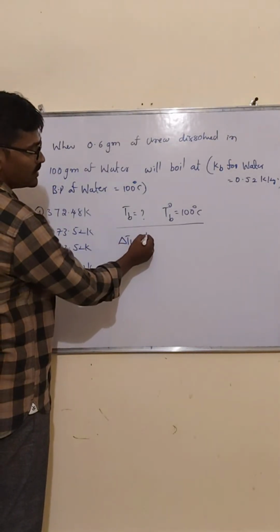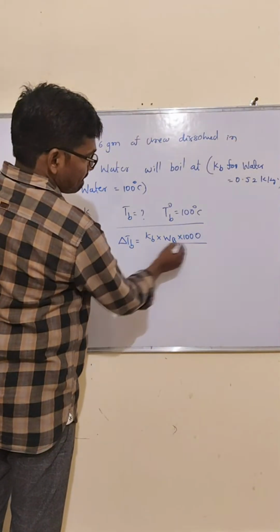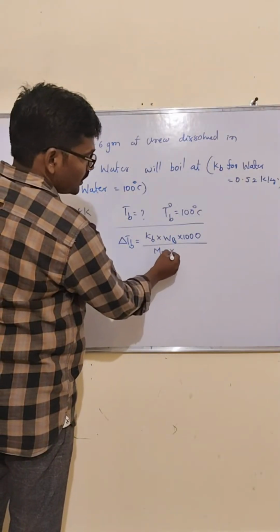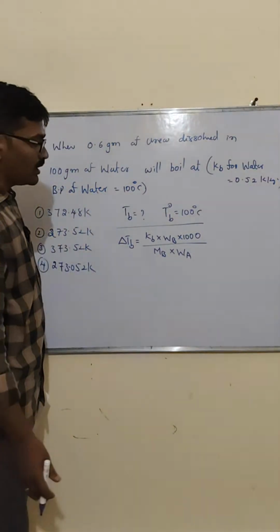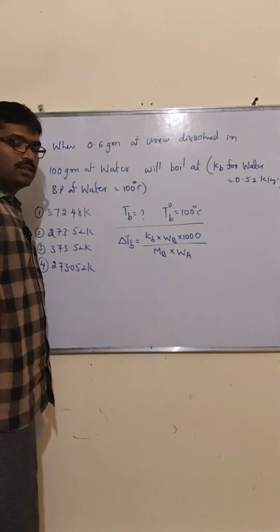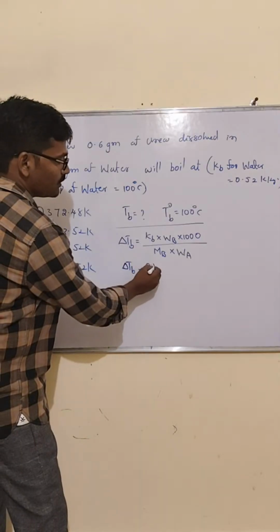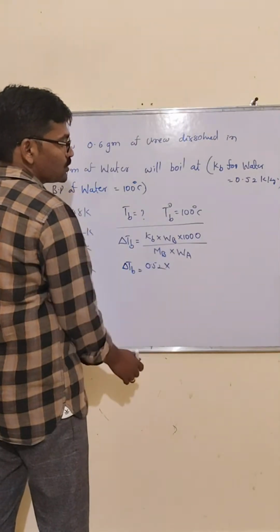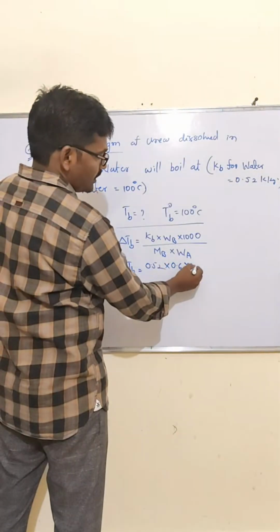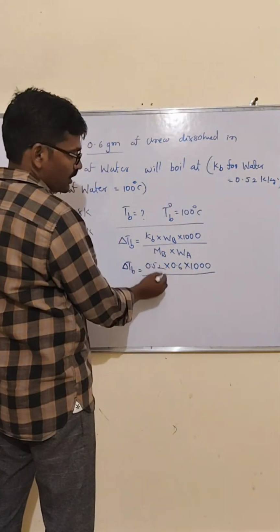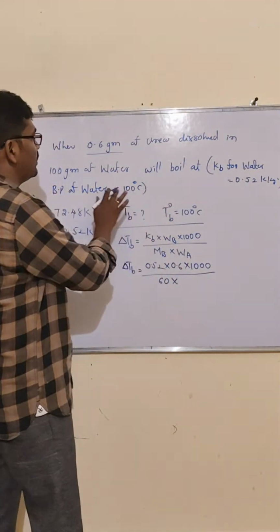The elevation in the boiling point formula is Kb into Wb into 1000 divided by Mb into Wa. Wb is the weight of solute, Mb is the molecular weight of solute, and Wa is the weight of solvent. So delta Tb equals Kb, that is 0.52, into the weight of solute 0.6 grams, divided by 1000, then divided by the molecular mass of urea, which is 60, and the mass of the solvent water, 100 grams.